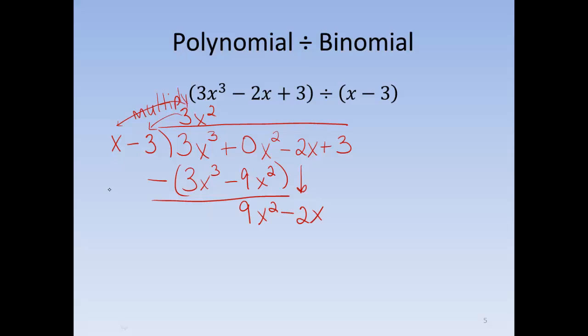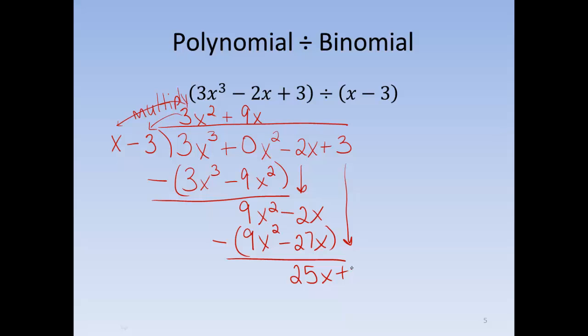What do I need to multiply x by to get 9x squared? I need to multiply by 9x. Multiply: 9x squared minus 27x. Subtract. Negative 2 minus negative 27 is a positive 25x.